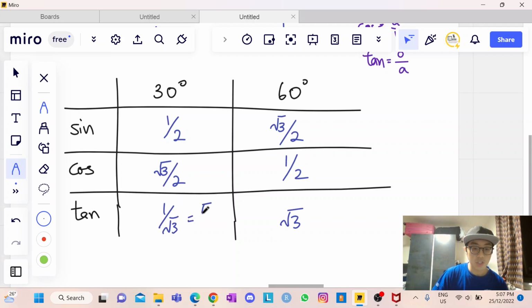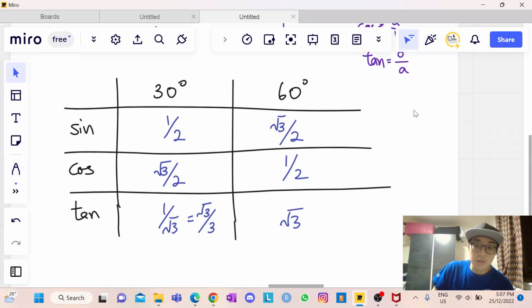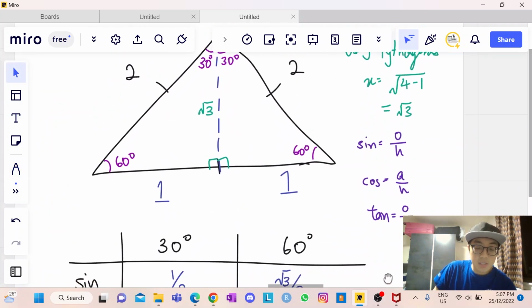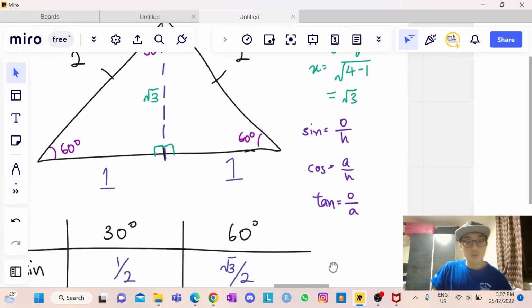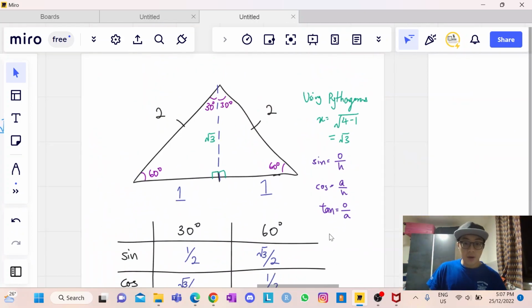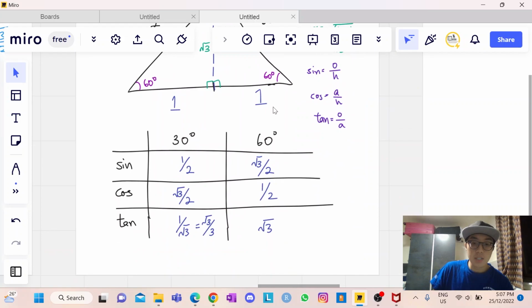Or if you want to rationalize it, it's going to be root 3 over 3. But I doubt you will learn rationalization in mathematics. So this is the simple diagram for working on 30 and 60.